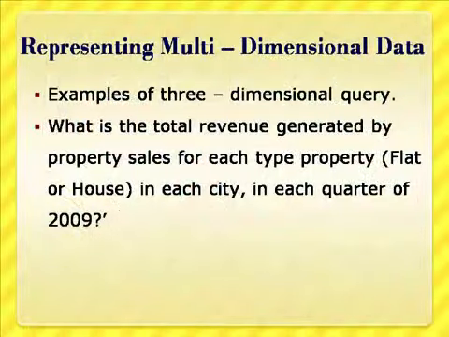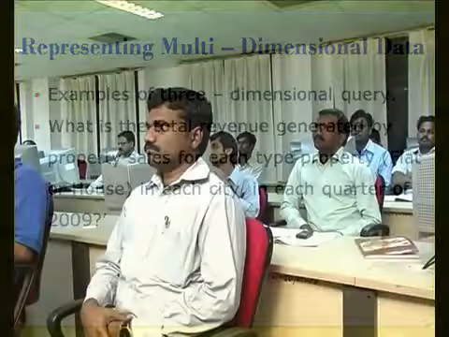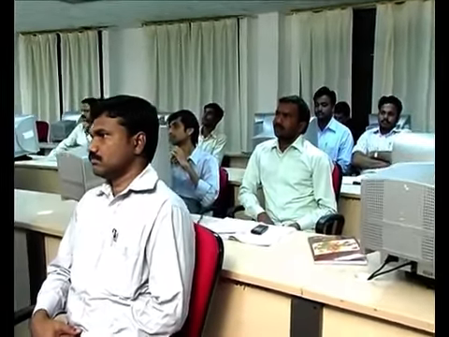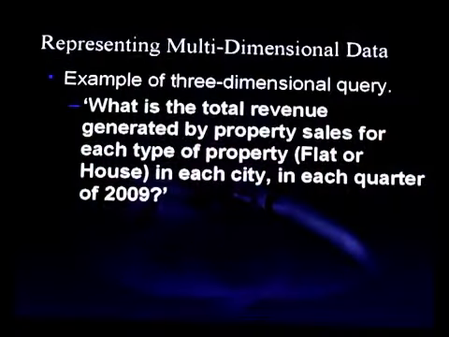The same representation, suppose we extend into a matrix form, a 2-dimensional matrix will now become a 3-dimensional one. One more dimension is added here, property type, to our earlier discussion. House and flat are the 2 rows. So, for each type of property, what are the sales in each city for each quarter?